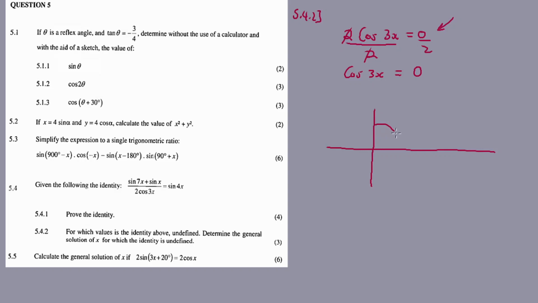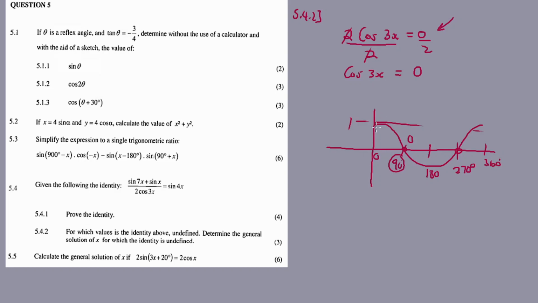The cos function starts and is 0 at 90, 180, 270. So it's 0 degrees, 90. At 0 degrees it's not 0, but it's 1. At 90 degrees my function is 0, then at 180 we have a turning point, at 270 it is 0, then it's 360 here at 1.